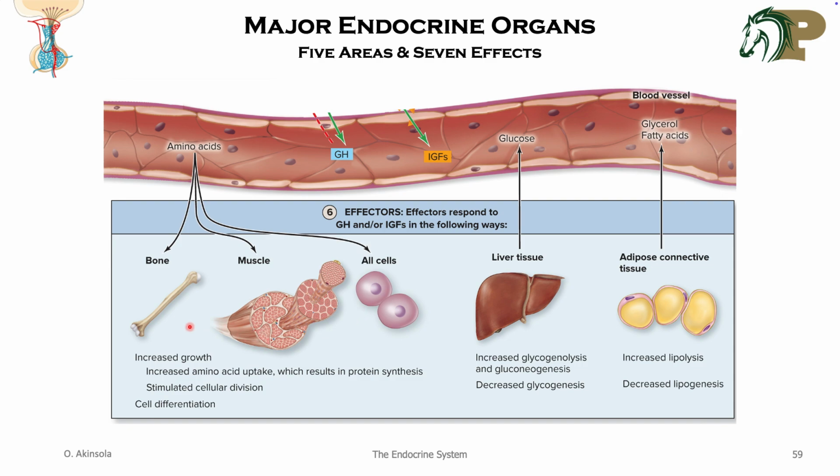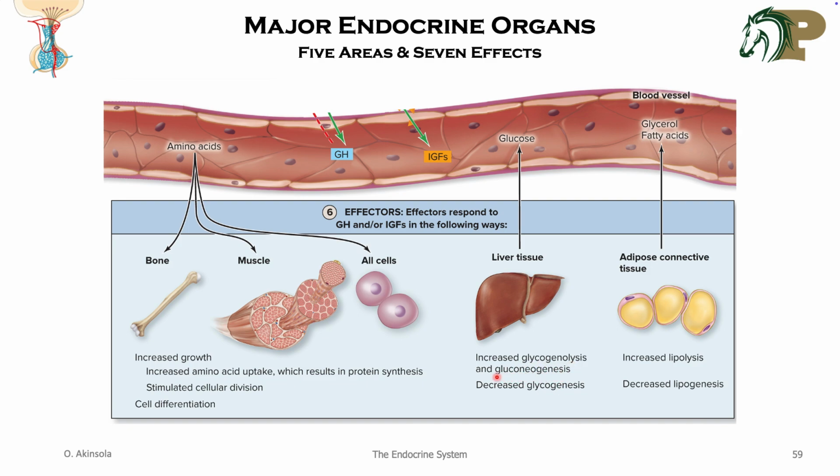General growth is going to occur because of GH's effect on bone and muscle, causing them to increase in size and number, along with all cells in general. In the liver, we're going to get increased glycogenolysis and gluconeogenesis.